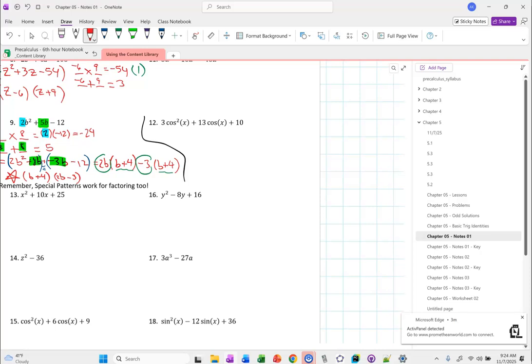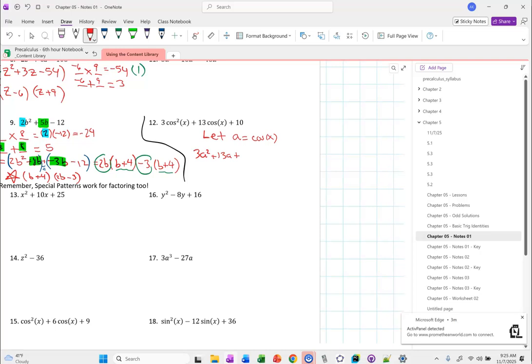So let's imagine that we just replace those cosine x's with some regular different variable, let's say a. If I do that, 3 cosine squared x just becomes 3a squared, right? 13 cosine x becomes 13a.